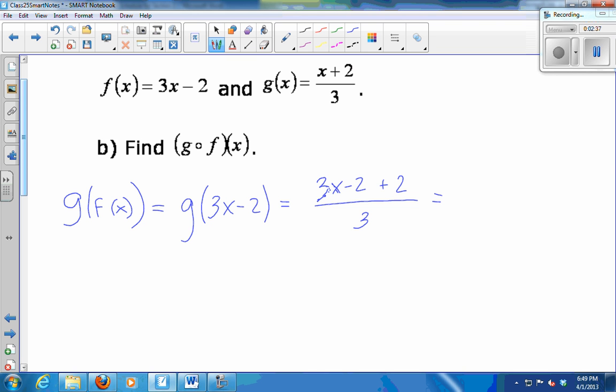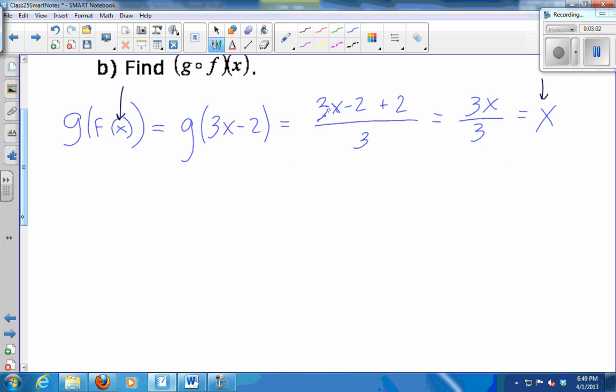And when I simplify this, following the order of operations, the minus 2 and the plus 2 cancel, and I get 3x over 3, which is x. So x went in, my input was x, and the output is x.